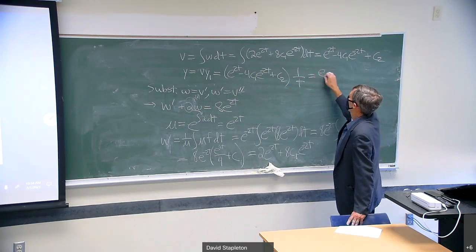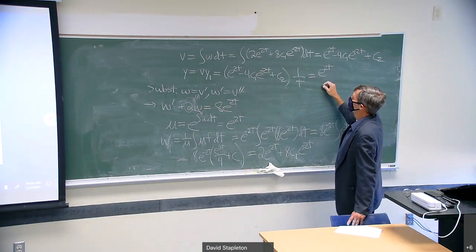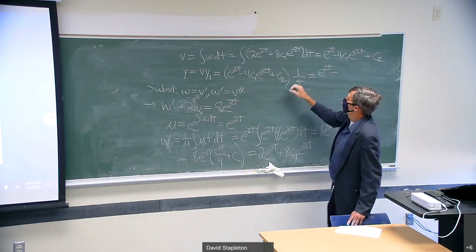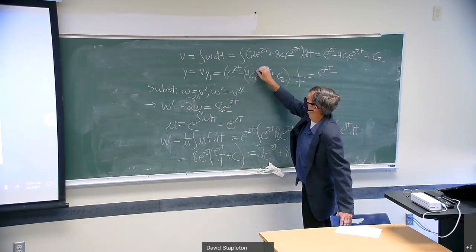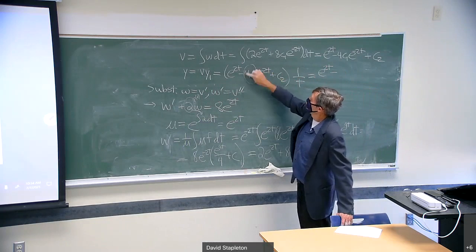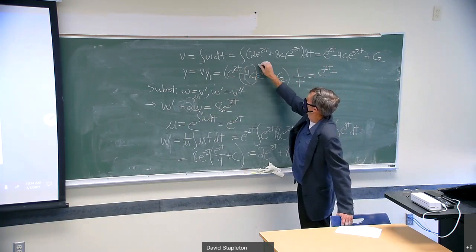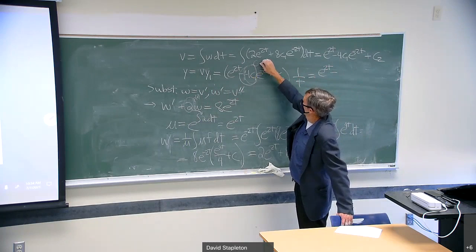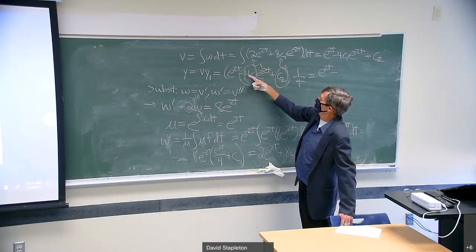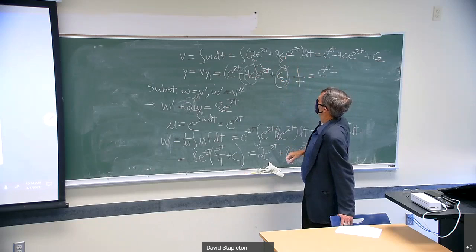Evidently, I've got e to the 2t over t minus, let's call this minus 4c1, whatever, c1 hat. And we could call this one c2 hat. c1 is an arbitrary constant, so minus 4c1 is an arbitrary constant, right?